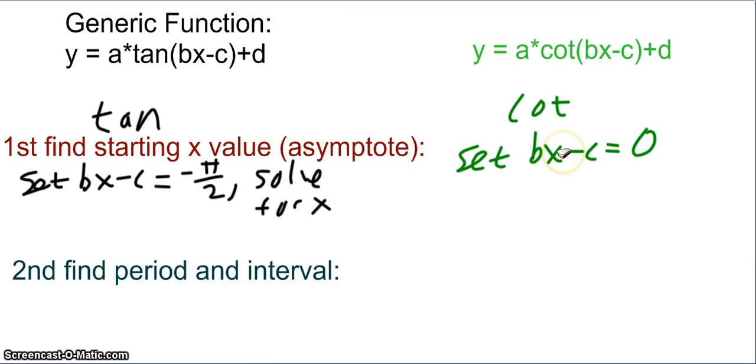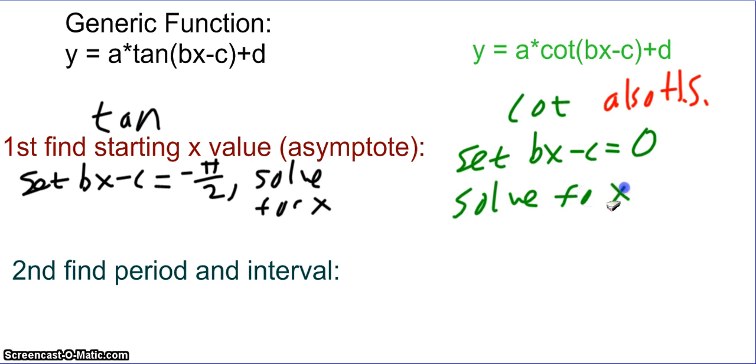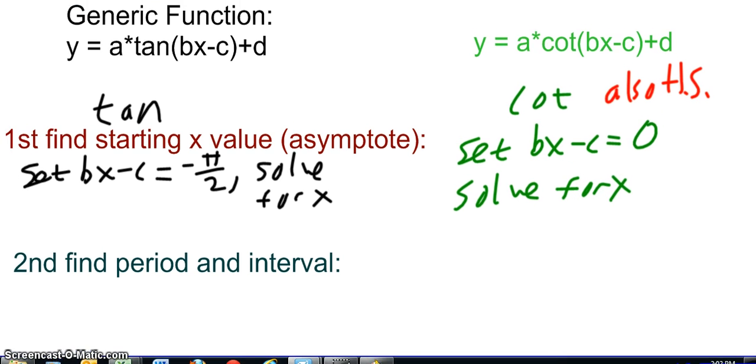Now for cotangent, this is also the horizontal shift, but only for cotangent. Remember, for tangent, if we set bx minus c equal to 0, that will give us the horizontal shift, but that will not give us the starting x value that we want to graph. So we set bx minus c equal to 0, and solve for x.